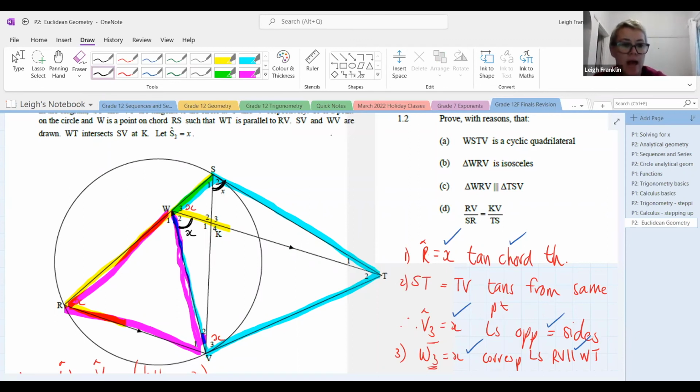Lovely. And now we've got our parallel lines. Remember our fun angles. So we've got our parallel lines that go from here, which is that angle X over there, and then that angle over there. Can you see what I'm trying to show you here? We've got a Z. So this angle V1 is also equal to X because of alternate angles.